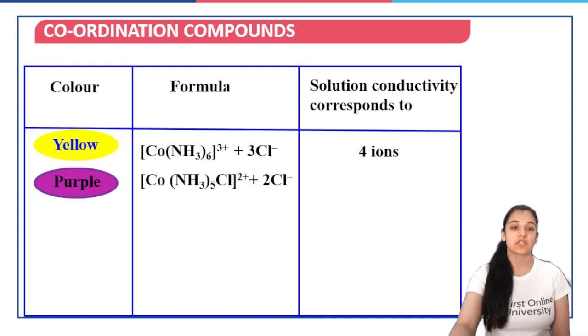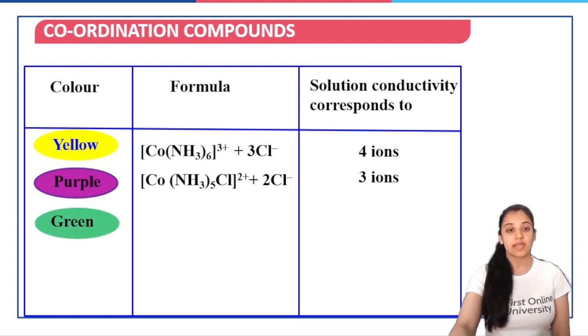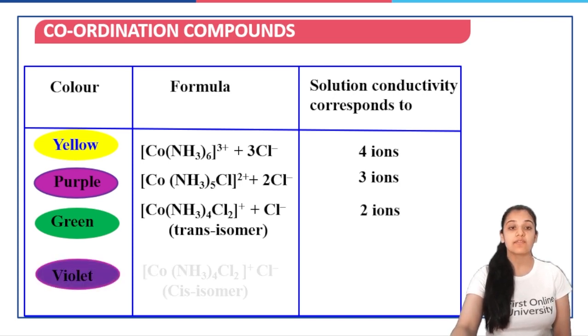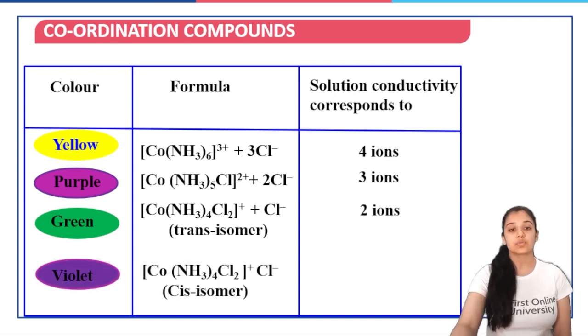Purple color is possessed by pentamine chloro cobalt 2 plus, which has 3 ions. Then green color by tetramine dichloro cobalt plus, that is cobalt 1, the trans isomer of it, which has 2 ions, and violet color for the cis isomer of it.